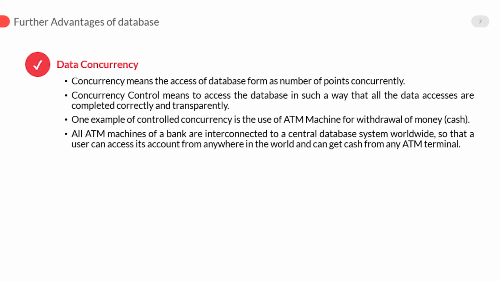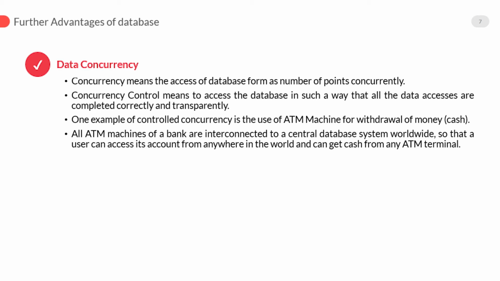And a very important one is data concurrency. Concurrency means the access of a database from a number of points concurrently. Concurrency control means to access the database in such a way that all the data access is completed correctly and transparently. One example of controlled concurrency is the use of an ATM machine for withdrawal of cash.